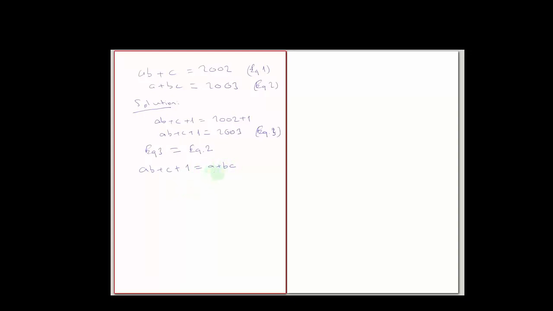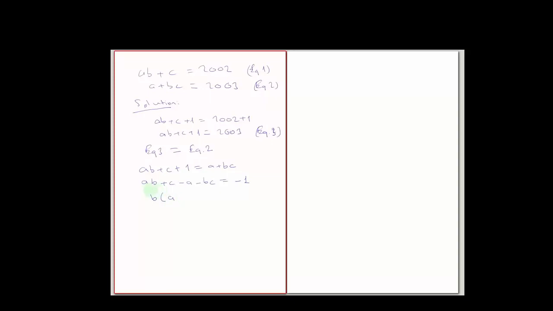Now you can see that if we take the terms on the right-hand side to the left-hand side, we can factor with parentheses. AB plus C minus A minus BC, and let's put this plus 1 on the right-hand side as minus 1. Let's take B in parentheses.